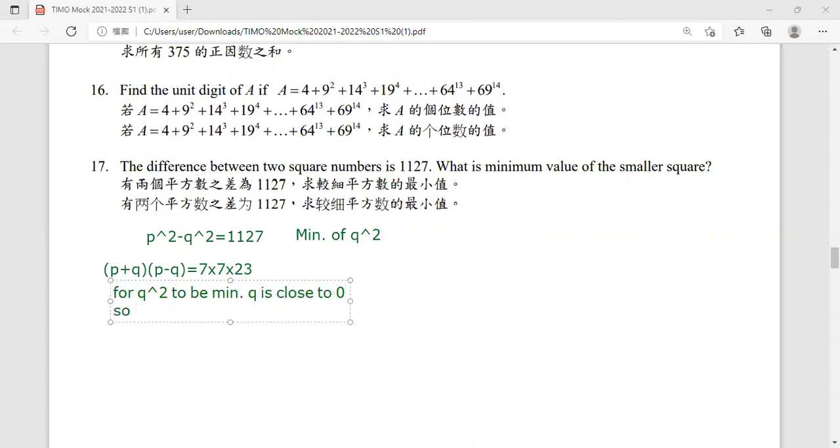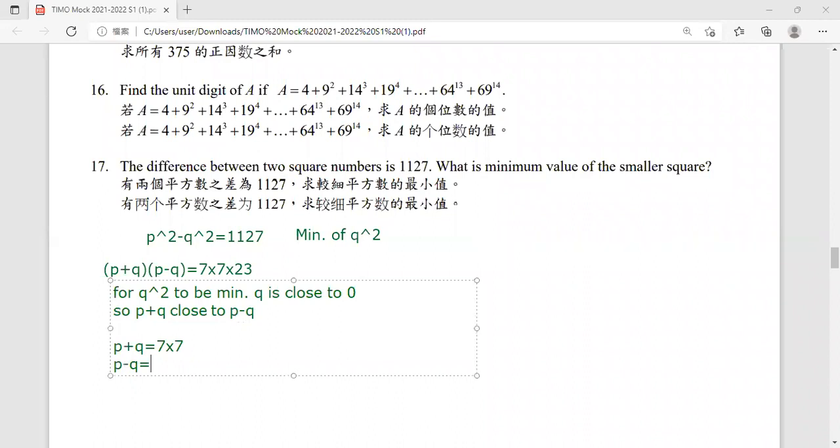So P plus Q is almost equal to P minus Q, or close to P minus Q. So I have to assign the numbers, and then you have P plus Q equal to 7 times 7, and P minus Q equal to 23.